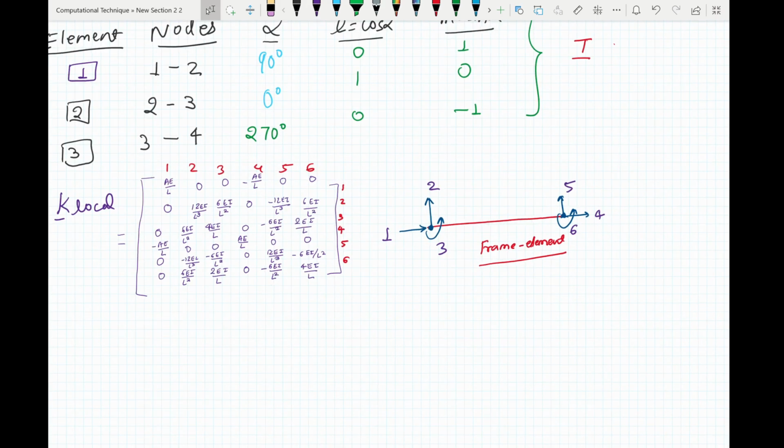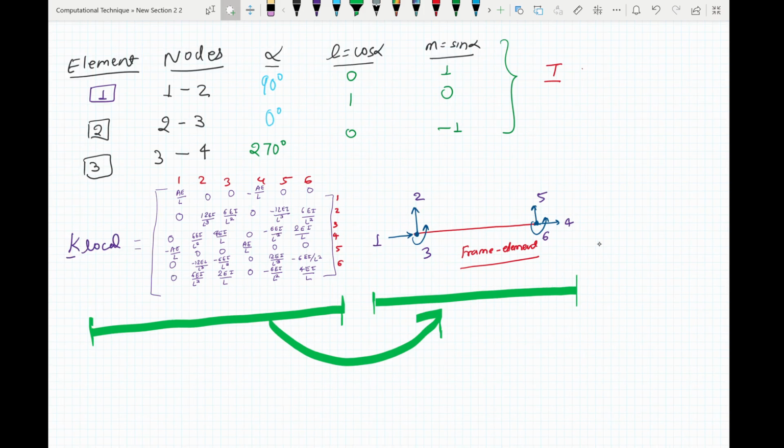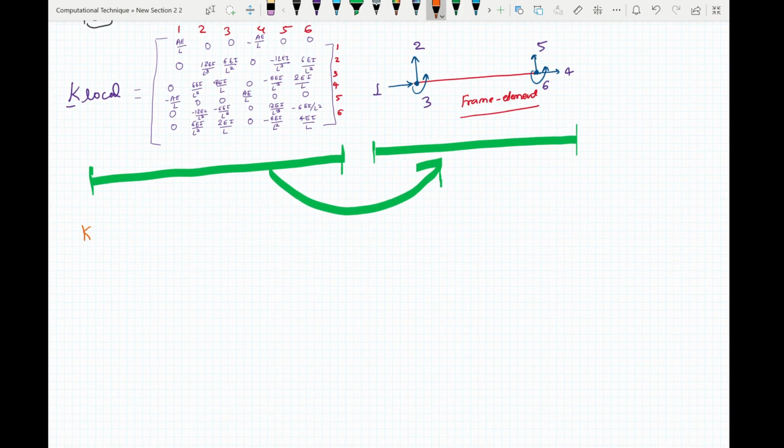Now your local stiffness matrix for a frame element will be given by this matrix with the degrees of freedom labeled here. So please refer to the degrees of freedom here and the positive sign convention of the degrees of freedom for this matrix. Now you can obtain your local stiffness matrices for each of them.